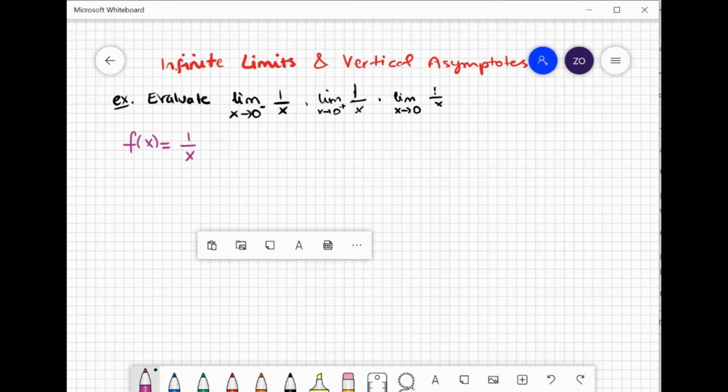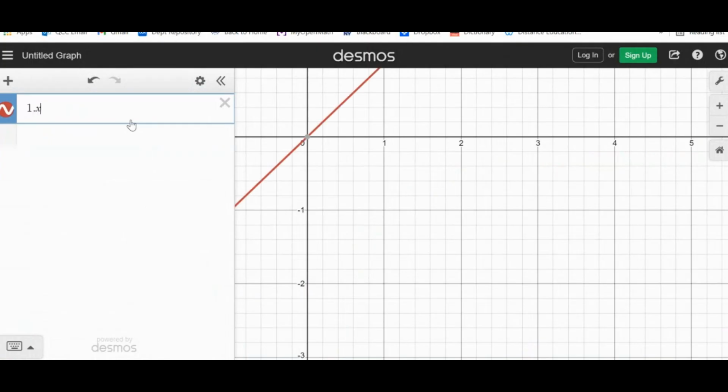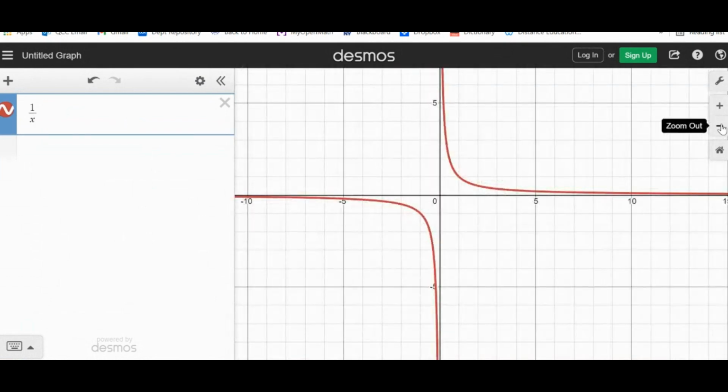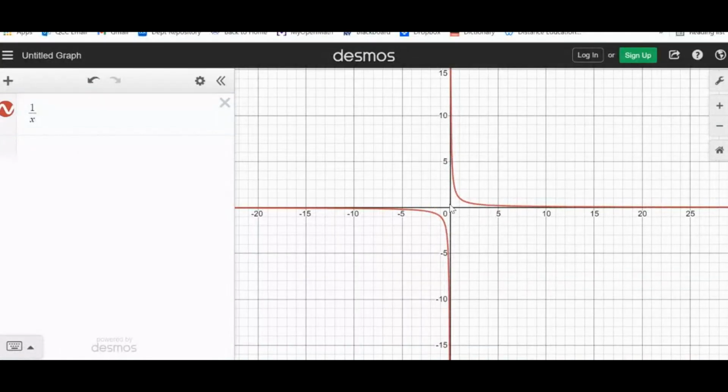Let me show you how it looks when you graph it. When you graph 1 over x, sorry, I will zoom out to see. Here the function is not defined at 0. In fact, you can see it from the equation: if you plug in 0 for x, the denominator will be 0. And you can see it graphically.